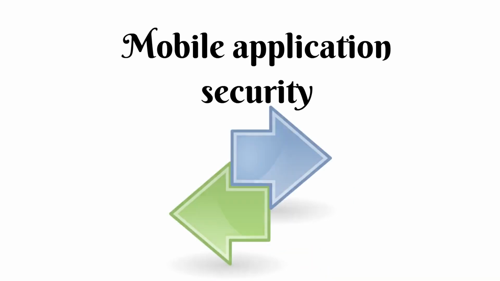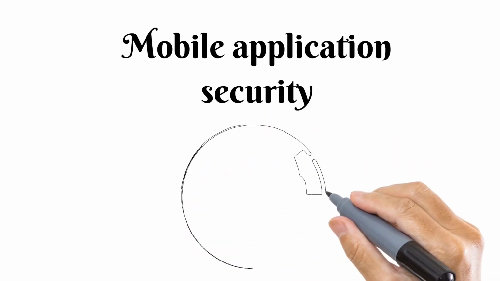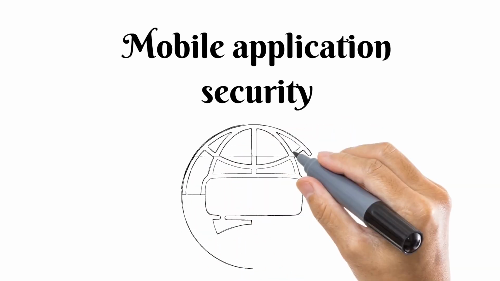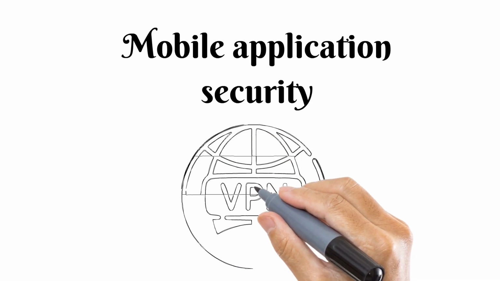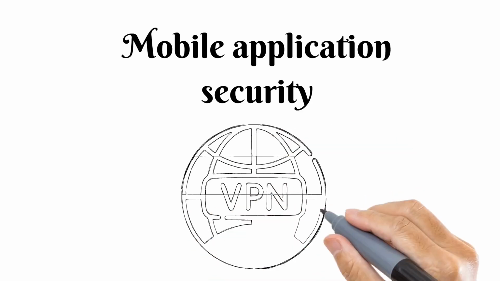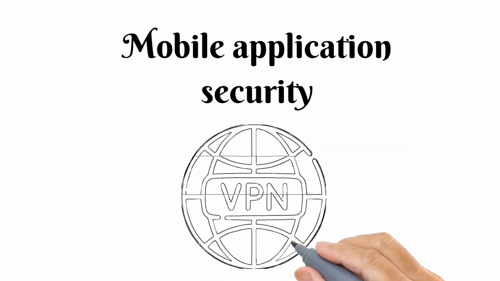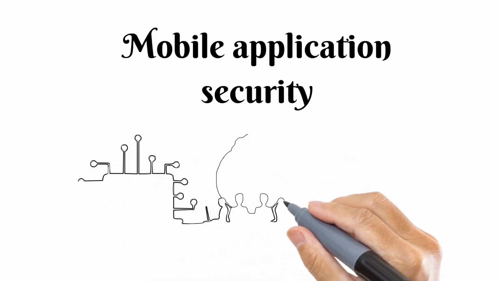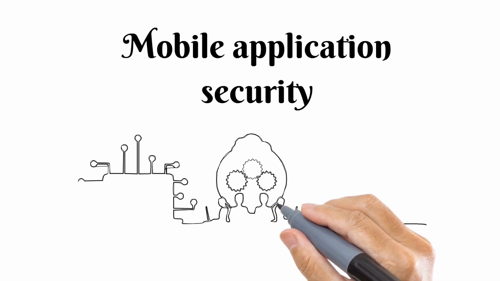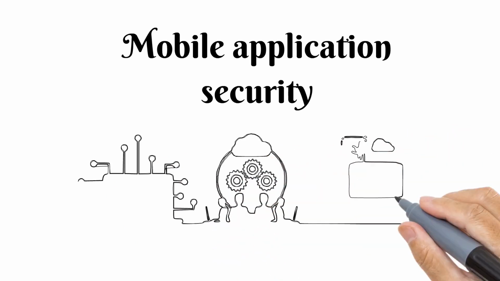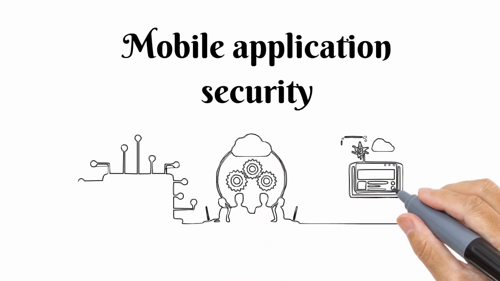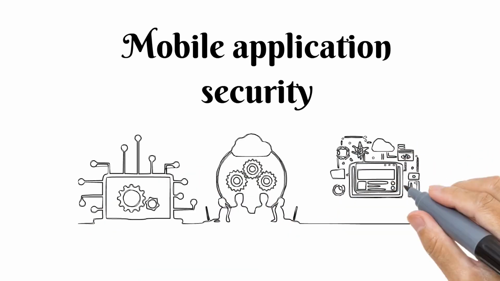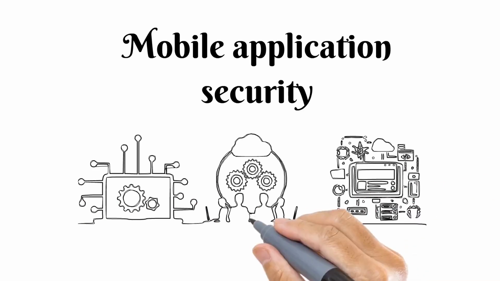Enterprises can use virtual private networks, VPNs, to add a layer of mobile application security for employees who will log into applications remotely. IT departments may also decide to vet mobile apps and make sure they conform to company security policies before allowing employees to use them on mobile devices that connect to the corporate network.